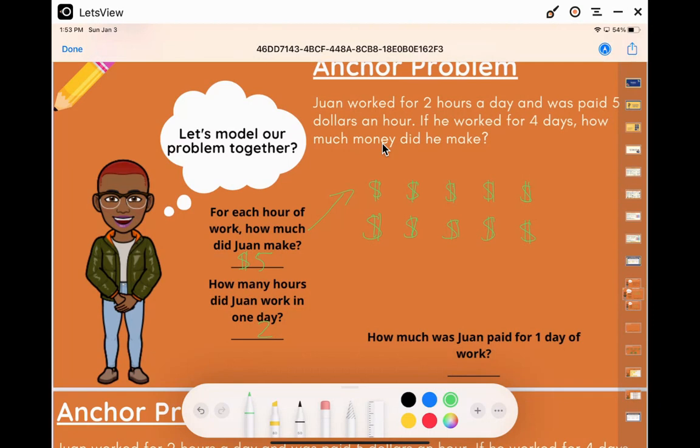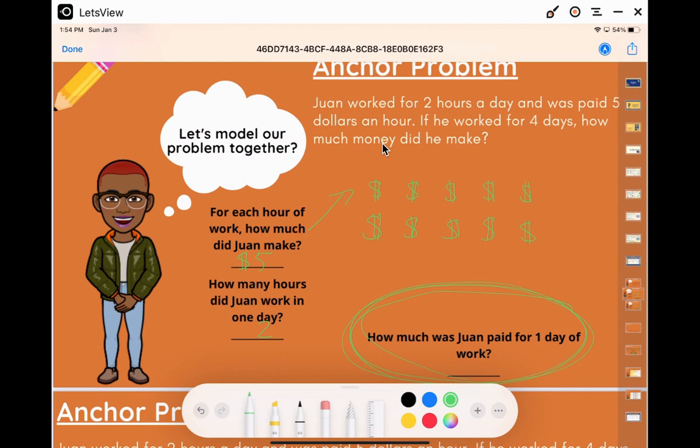And so in your Nearpod, tell me, how much was Juan paid for 1 day of work? How much money did Juan make for working 1 day? If he got paid $5 an hour and he worked 2 hours a day, how much money did he make in 1 day? Answer in the Nearpod, please.